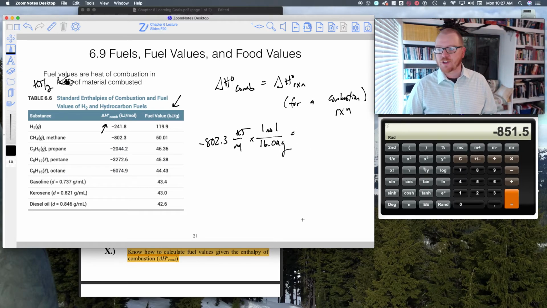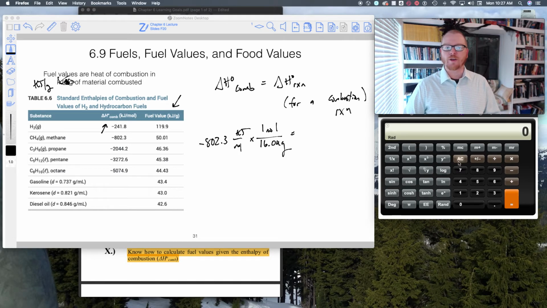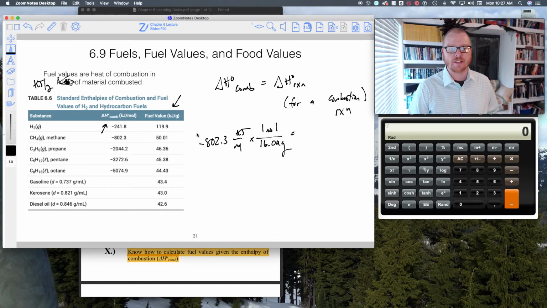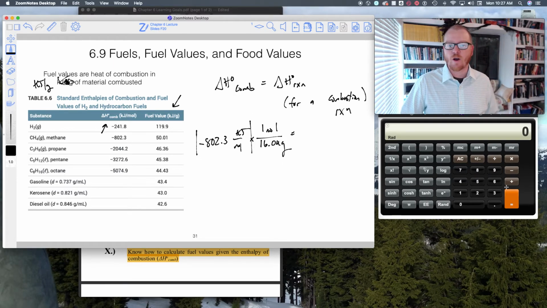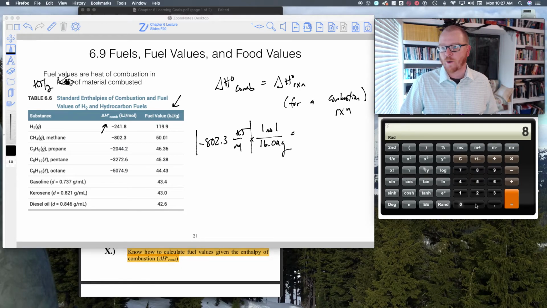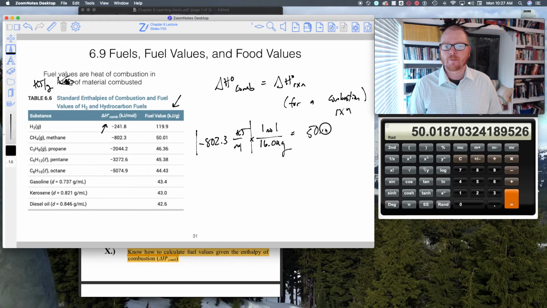And also for fuel value, you notice that it's all positive signs because in fuel value, we just report the positive value because we recognize that all combustion reactions are going to be exothermic, okay? So now if I just divide that by its molar mass, okay, yep, then I get 50.01. You can see that matches nicely, kilojoules per gram.